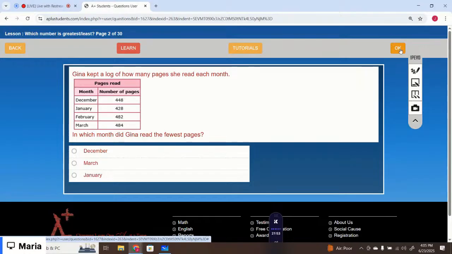So the smallest number is among 448, 428, 452, and 480. That is 428. That is in January. Option number three is the correct option.